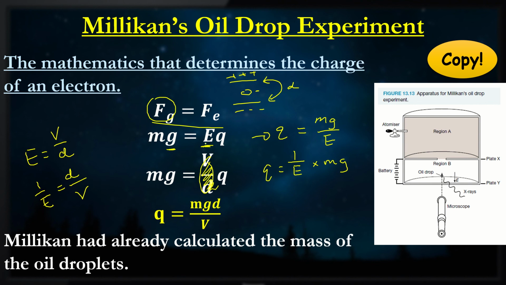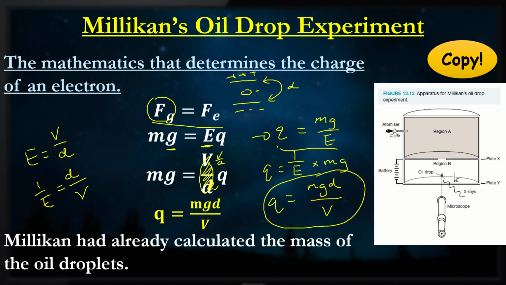Okay, so I moved E across, well actually that's still correct because I just moved it across. So we have mgd over V. So I can use this equation to find out the charge of the electron, depending on what variables you know.